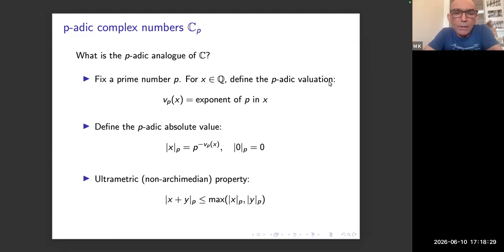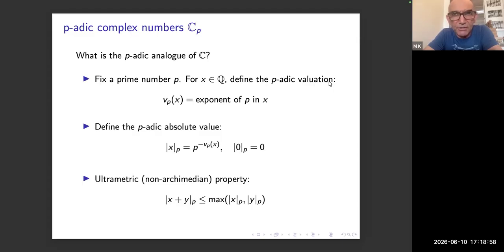So where to start? Instead of starting at infinity, which is what I was talking about, we start at a finite prime p, and we define a valuation, absolute value or valuation on rational numbers. Basically, Vp of x, the p-adic valuation of a rational number, picks up the exponent of p in x.